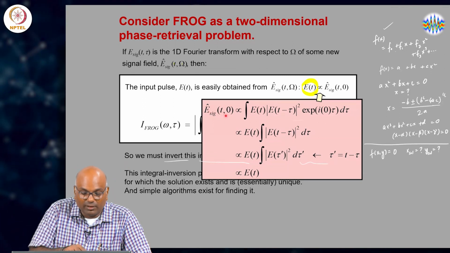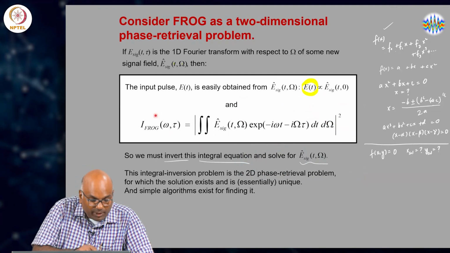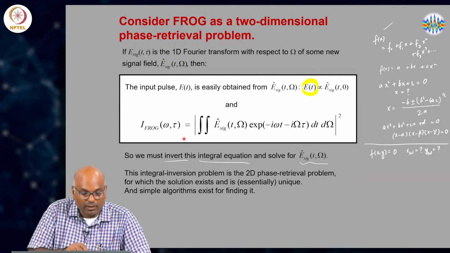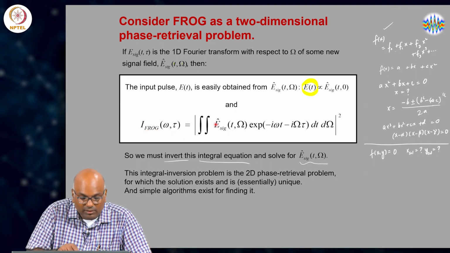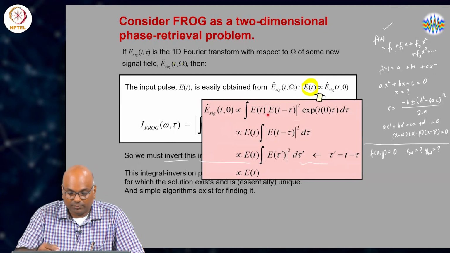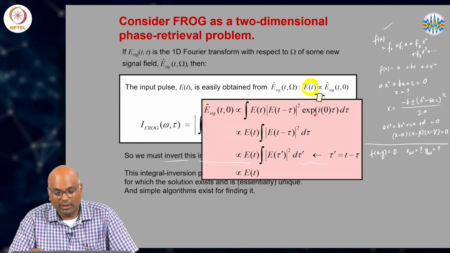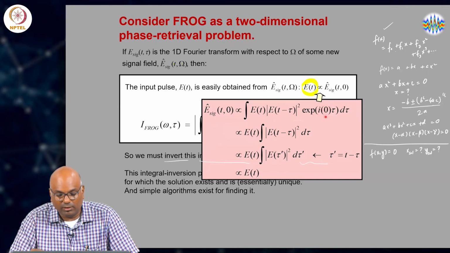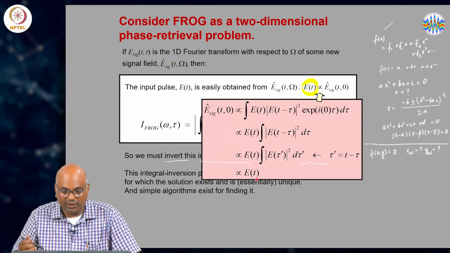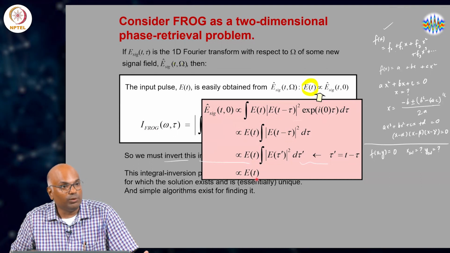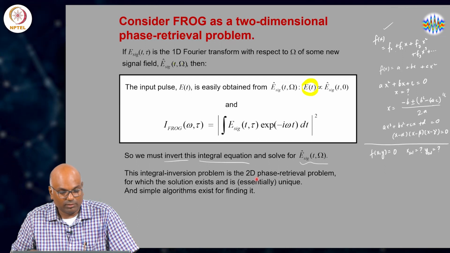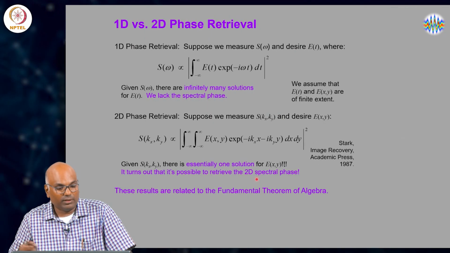Let us go a step back: if I measure I frog, and I can invert this integral to get E signal of t, and I know the gate function, then essentially I can retrieve the E of t function, which is the solution I seek. Now, how is this done? Okay, let us go through all that.